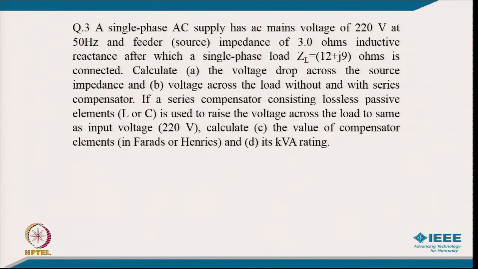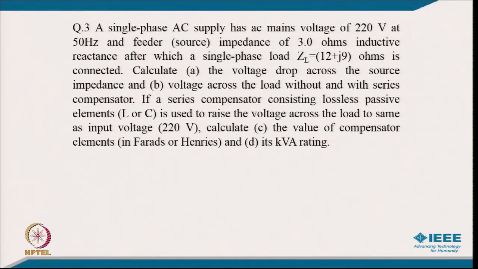So, another problem here: a single phase AC supply has the AC mains voltage of 220 at 50 hertz and the feeder or source impedance of 3 ohm inductive reactance, after which an impedance of 12.09 ohm is connected.